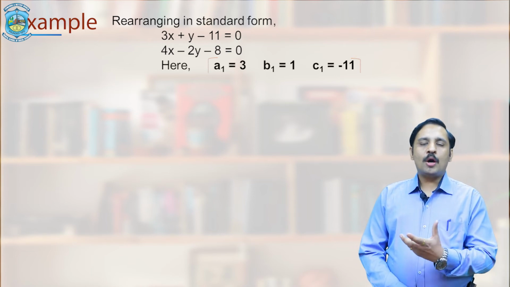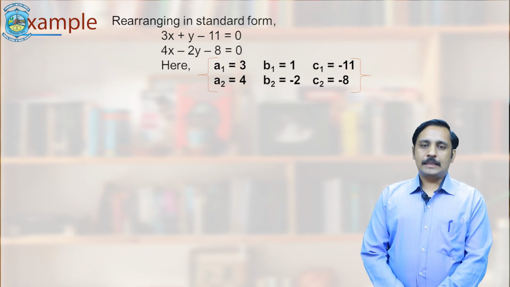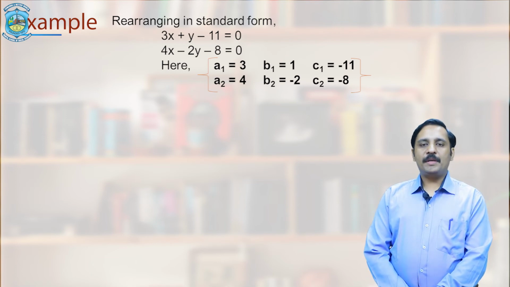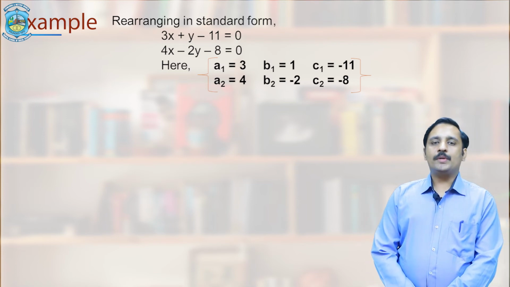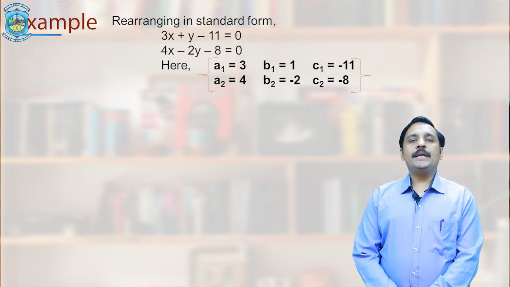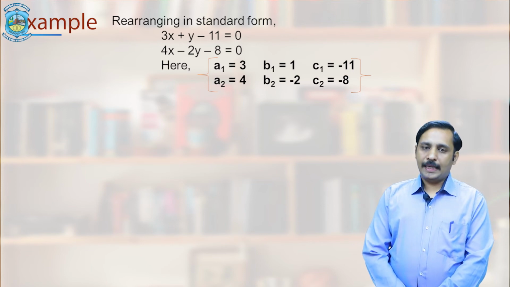Here you can note down in rough the coefficients of x and y. So we have a1 a2, b1 b2, c1 c2. The value of a1 is 3, a2 is 4, b1 is 1, b2 is minus 2, c1 is minus 11 and c2 is minus 8.